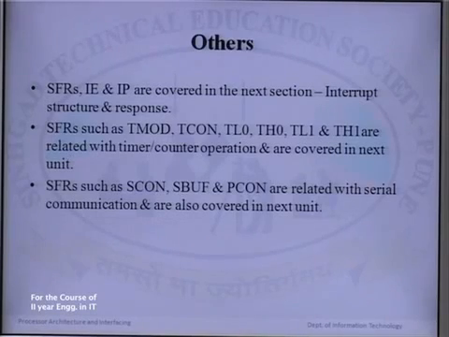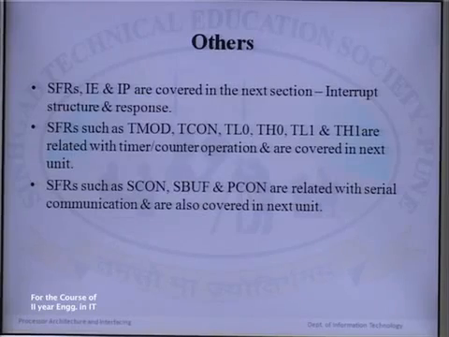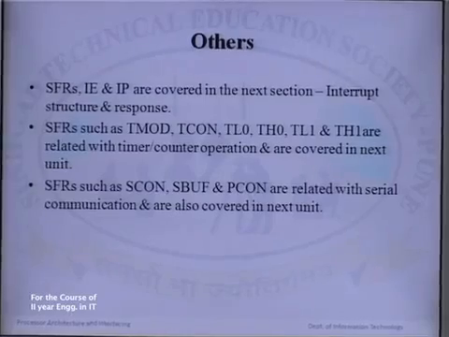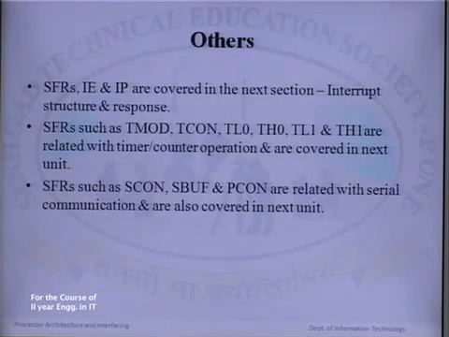The remaining SFRs of the 8051 are listed here. Very first are the interrupt enable and interrupt priority registers, IE and IP. Those are covered in the next section, that is interrupt structure and response. These two SFRs are related to the interrupt structure and response.